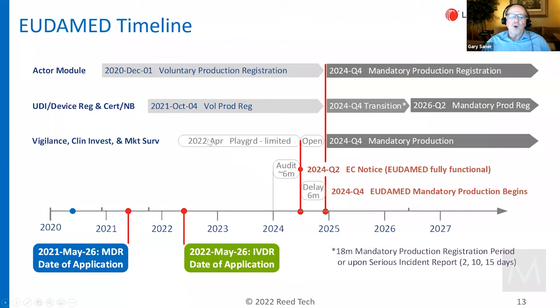So it won't be open, the market surveillance module and the vigilance module, more importantly, like your MIR reports, your manufacturing incident reports, there's no database to accept them until the end of 2024. Yeah, but you still have to fill in those reports from the past years when the database gets opened.